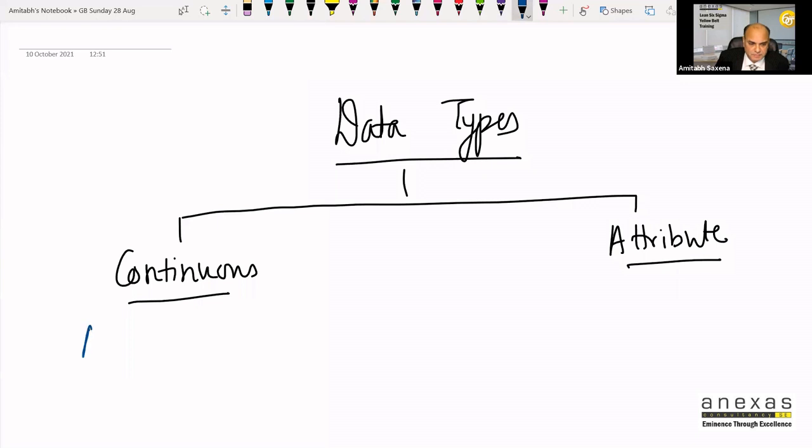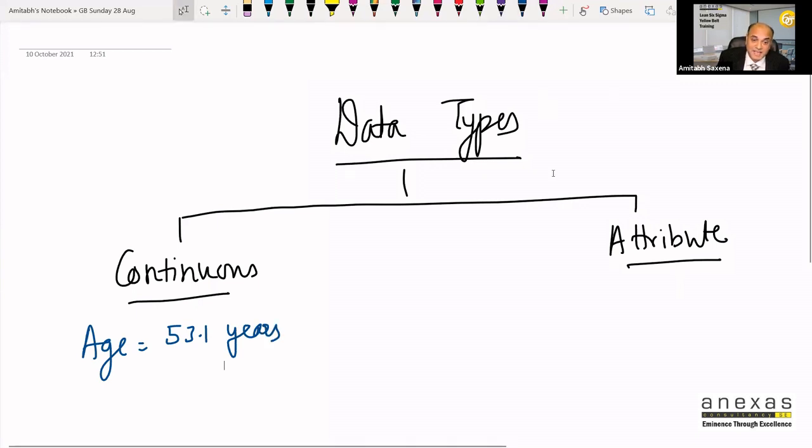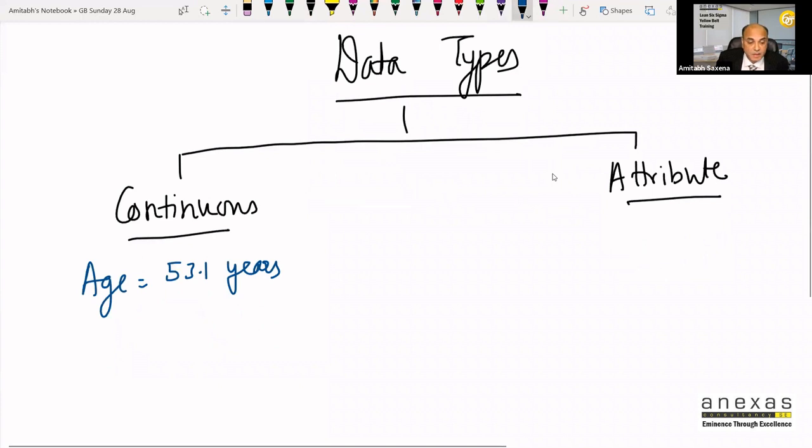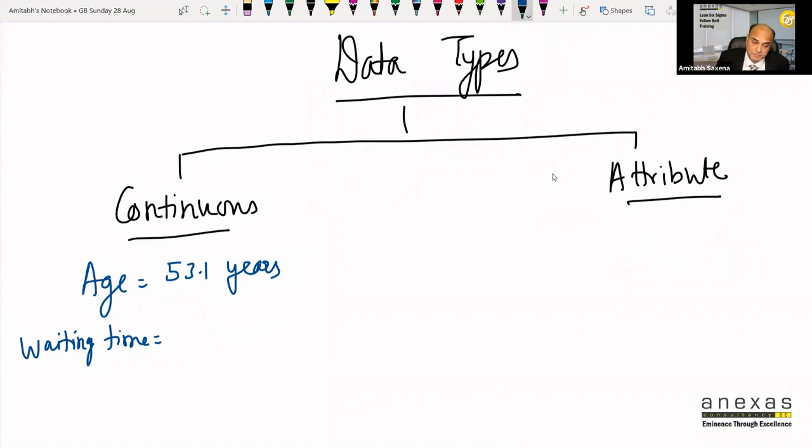One example could be age, say 53.1 years. Maybe it's my age. Then another example could be waiting time of the patient, which may be 30.2 minutes. Now, these two are continuous data. Why? Because there is a unit and there is a possibility of a decimal point.